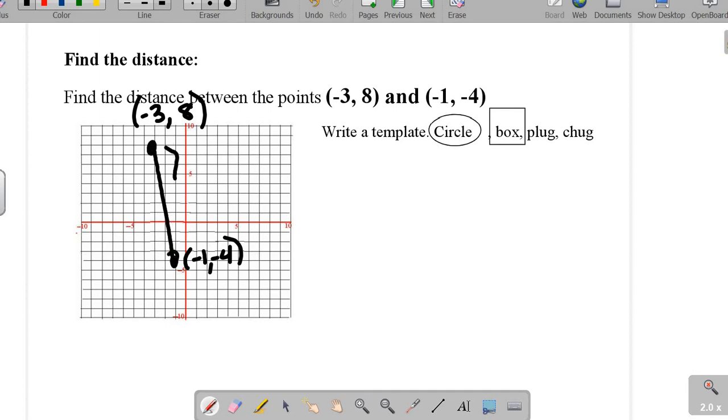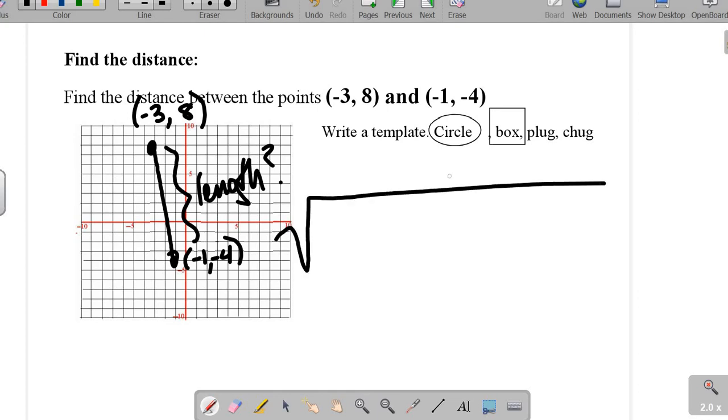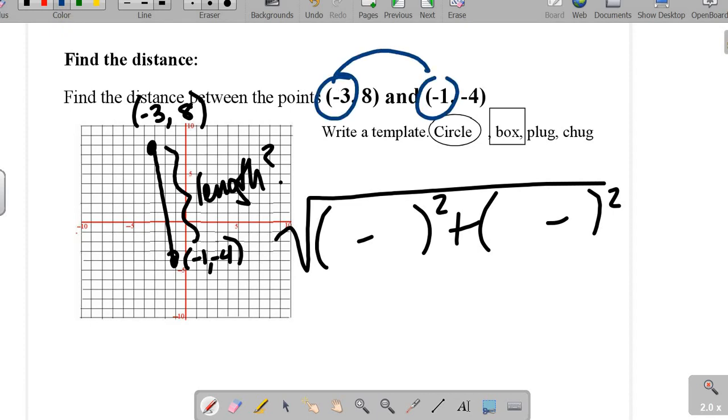What is the length here? Start by drawing a blank template. I circle my x's. I'm going from left to right. I box my y's. I'm going from left to right.